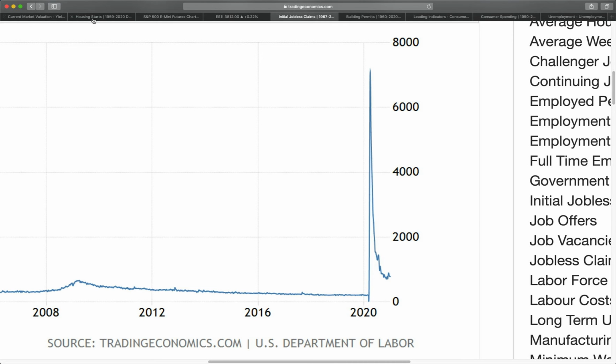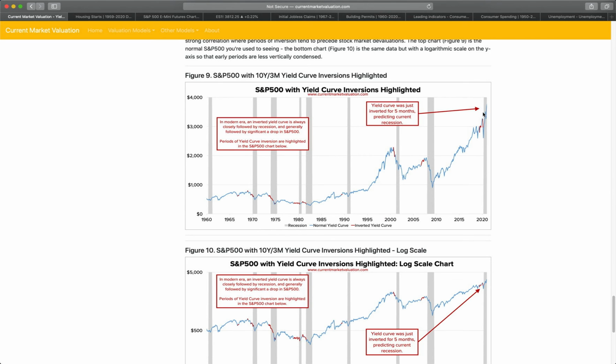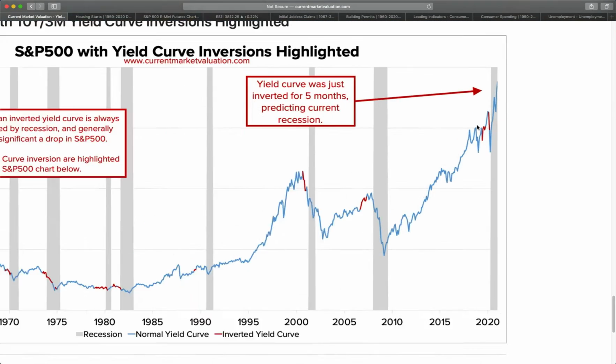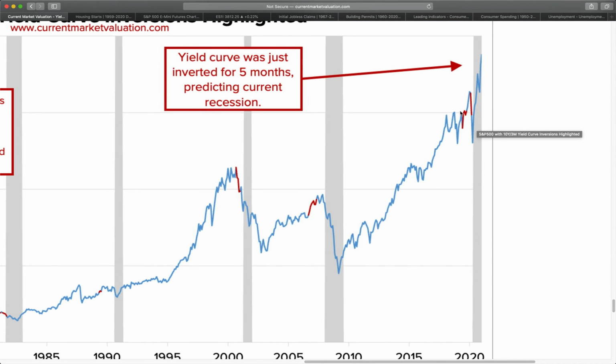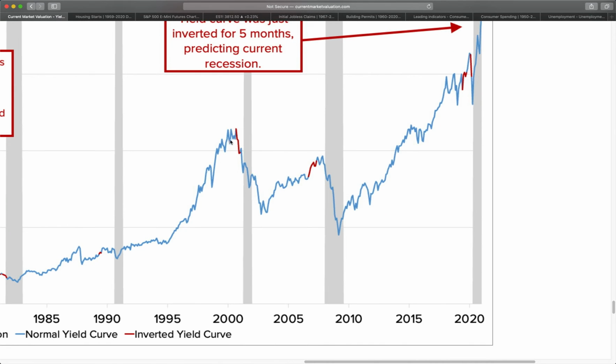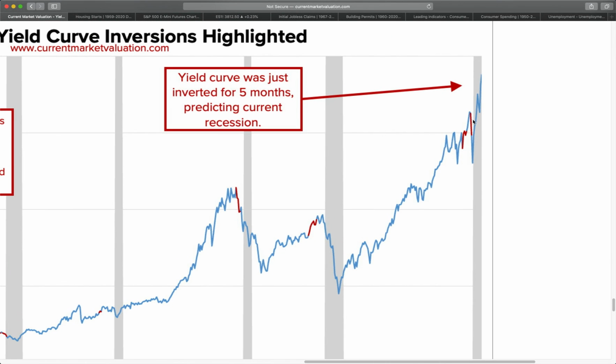And also, the inversion of the yield curve back at the beginning of 2020, we've seen a period of decline in terms of the S&P 500 here and here, but it's not quite so much here in 2020.